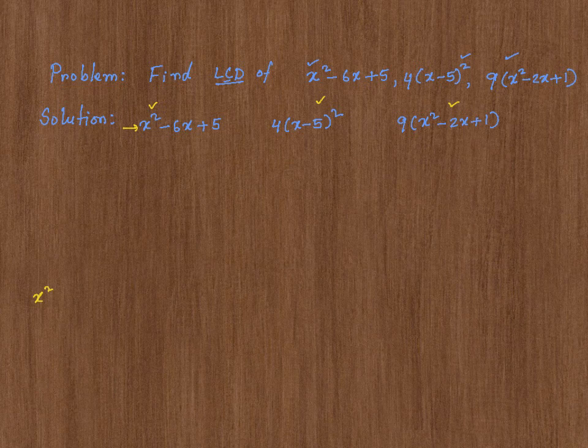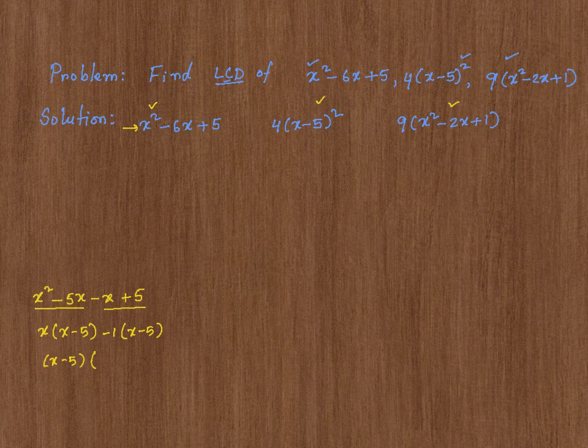X squared minus 6x plus 5, I could write as x squared minus 5x minus x plus 5. Between the first two I could factor out an x, that's going to give me x minus 5. Between the second two I could factor out a negative 1, that's going to give me x minus 5. Now I could factor out x minus 5.